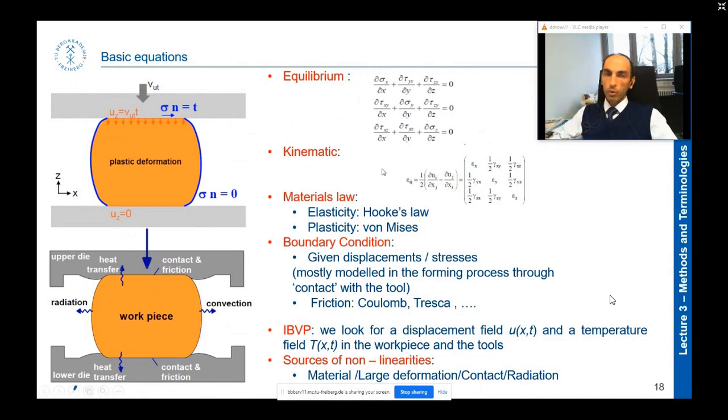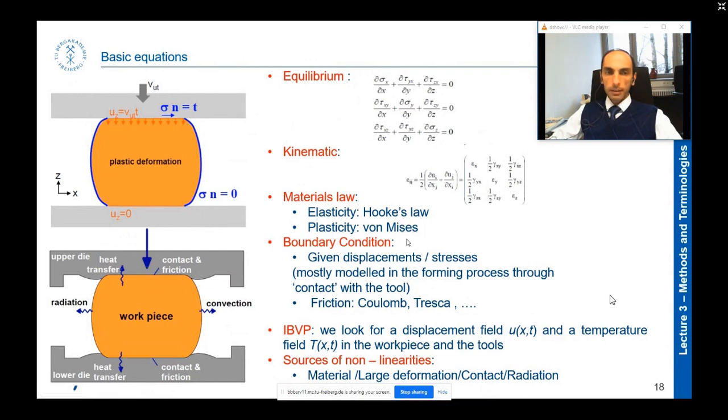You know well that in elastic deformation we have Hooke's law, which states a linear relation between stress and strain in the elastic region. For the plastic region, we have the von Mises-Tresca criteria to detect whether plastic deformation has started or not, and we have other equations for calculating the plastic deformation.